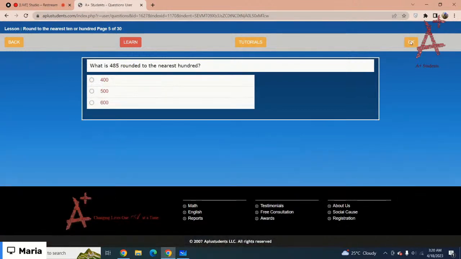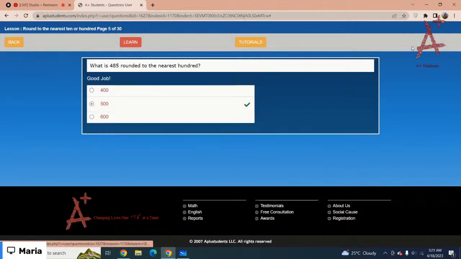Okay, you have 485. You have to round to the nearest 100. So which is the correct option? Yes, it would be rounded off to 500.